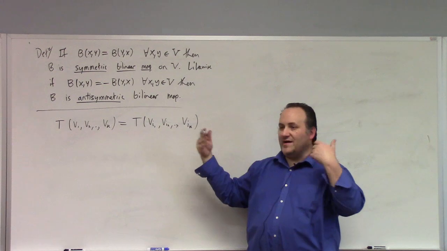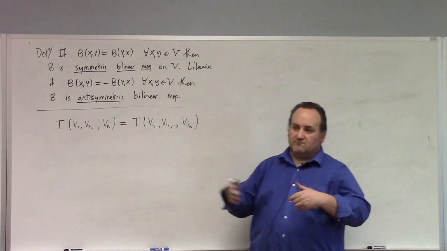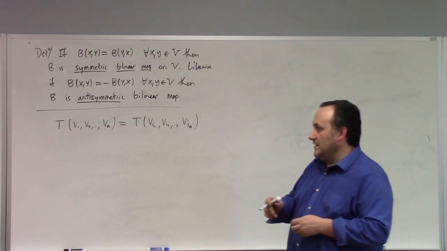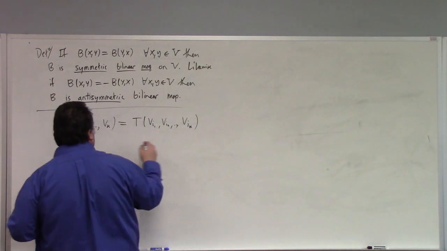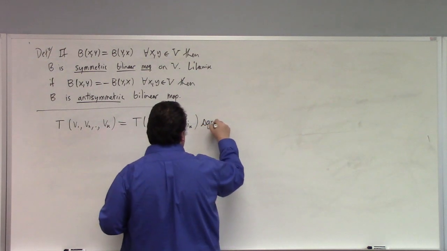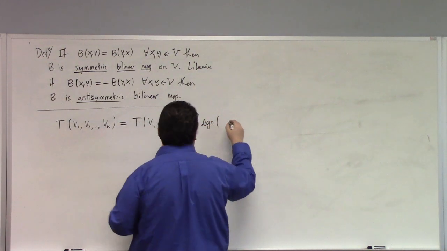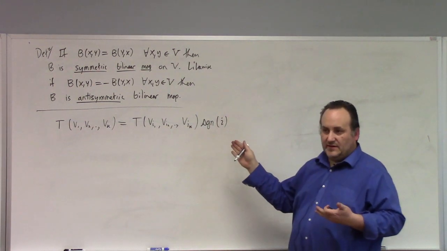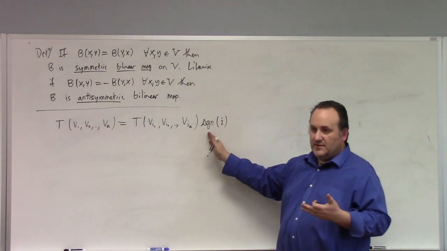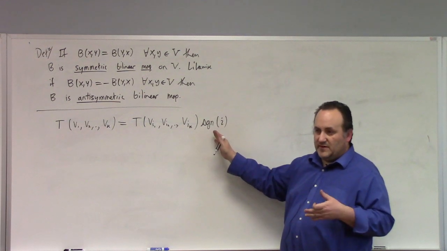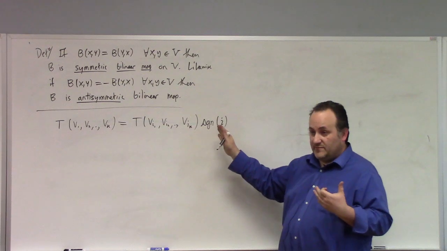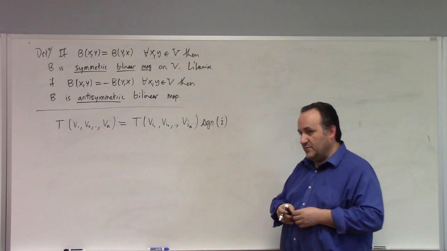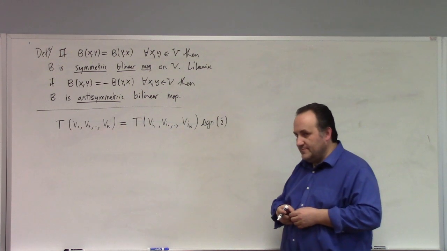If this is true for all possible permutations, this is said to be a symmetric k-tensor. On the other hand, if you put the sign of the permutation, then that makes it a completely antisymmetric tensor, where the sign is defined to be plus or minus 1, depending on whether the permutation can be written as an even or an odd product of transpositions, which we define in Math 421. My apologies.